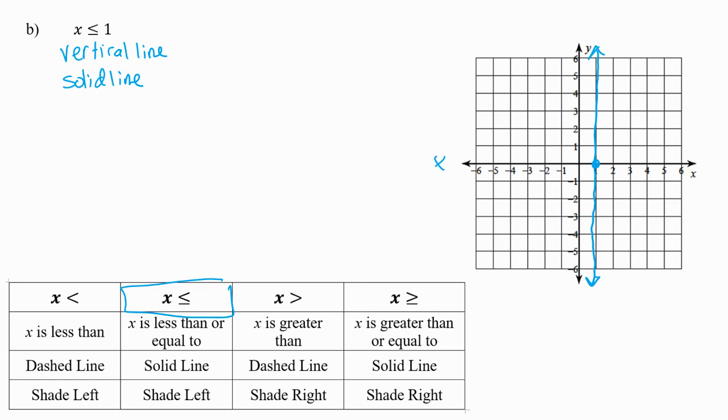Draw my line, draw my arrows, and we're going to shade to the left, which makes sense because the way you would read it is x is less than or equal to 1. So we look at values less than 1, which would be 0, anything that's negative. So on the x-axis, that's everything to the left of that line.